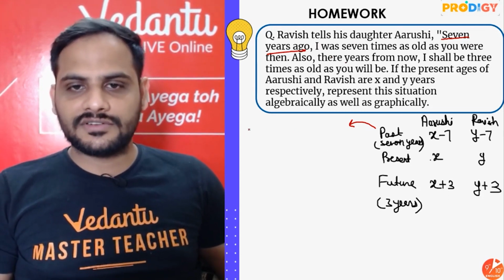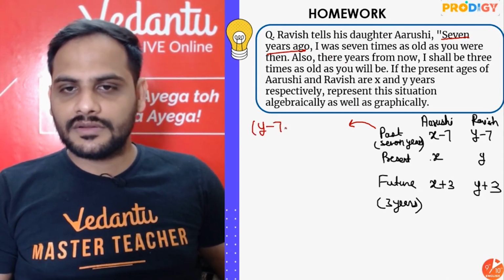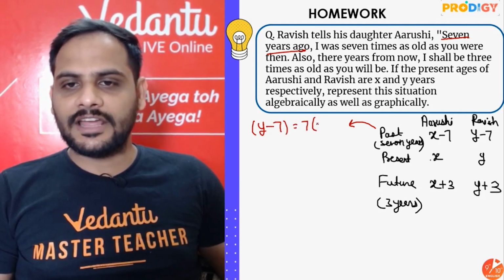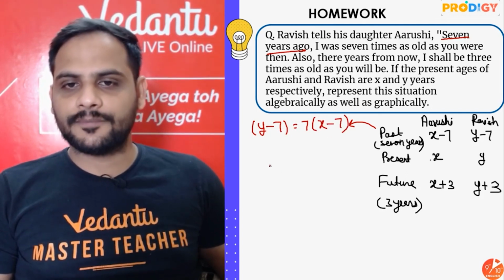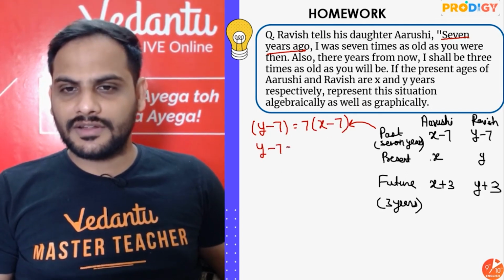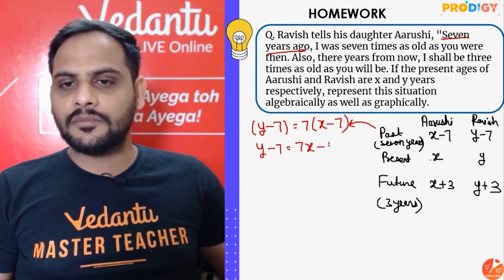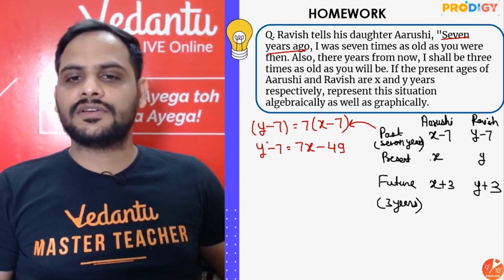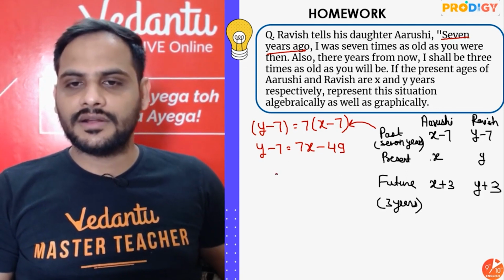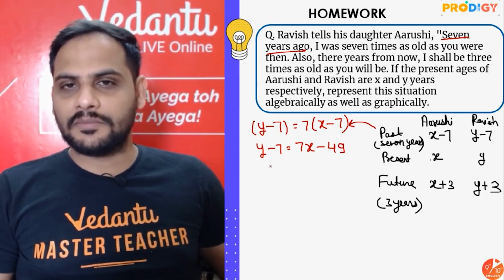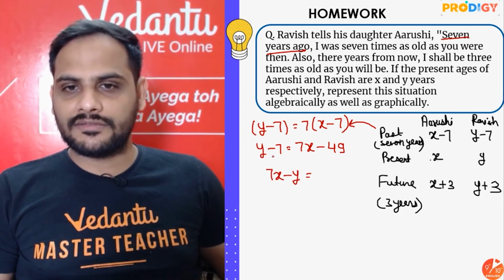So the age of Ravish is y minus 7. This age was 7 times the age of Arushi. So you'll get y minus 7 is equal to 7x minus 49. Shift y over there, minus 49 over there. So minus 49 will become plus 49. So you'll be getting 7x minus y is equal to 49 minus 7, which is 42.